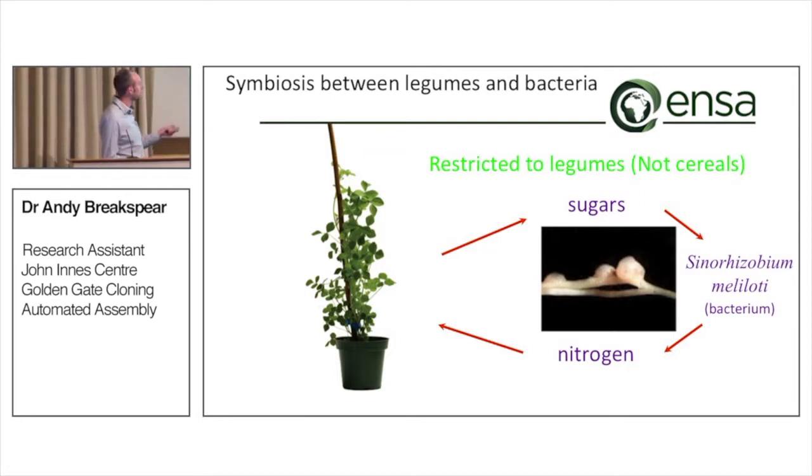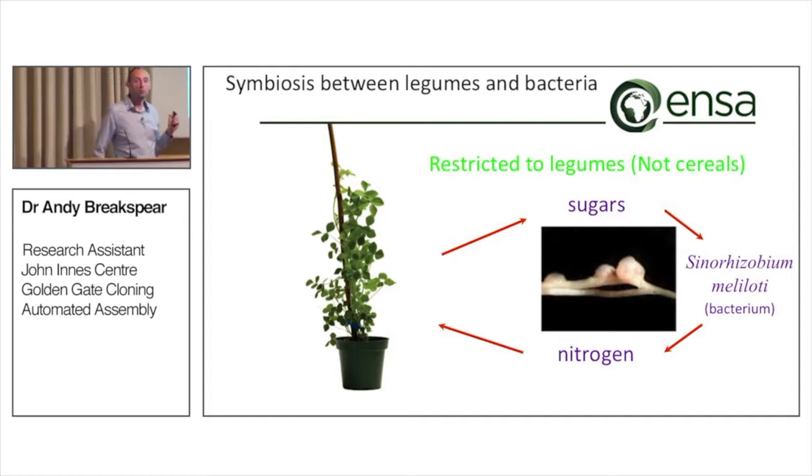The plant feeds this bug sugars, and it quite happily does that because in return, the bacterium provides a usable source of nitrogen to the plant. This all goes on in a nodule structure found on the roots of the plant here.